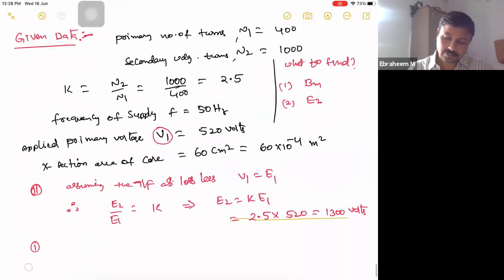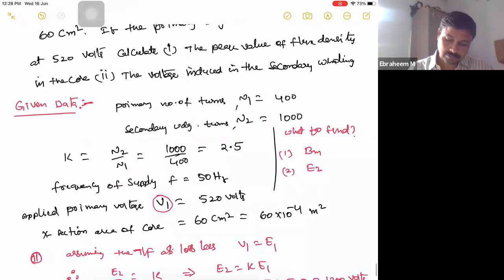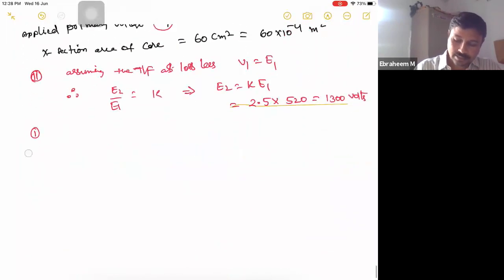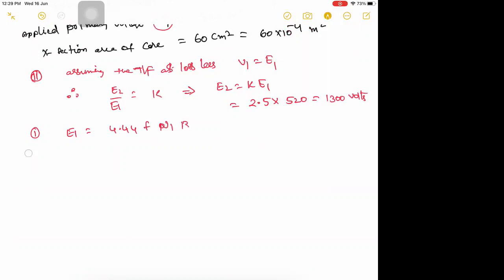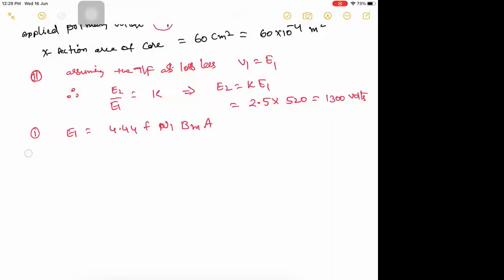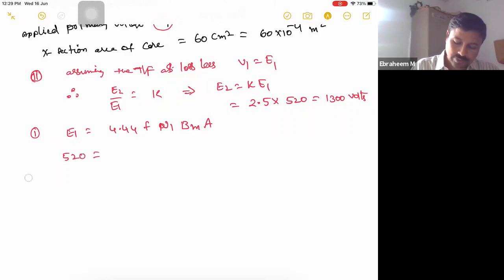Next one, maximum flux density. So we have E1 is equal to 4.44 f N1 phi maximum, where phi maximum is the flux. So 520 is equal to 4.44 into 50 into turns.